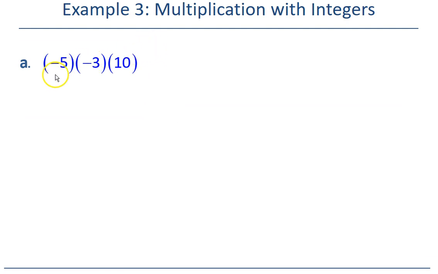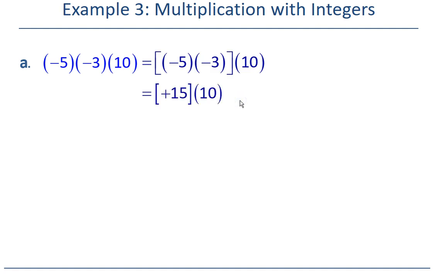Now, again, the order of operation is interesting here. We could multiply the negative 3 times 10, or you could multiply the negative 5 times the negative 3. This would give you a positive 15 times 10 would be 150. So they're suggesting you multiply these two together.